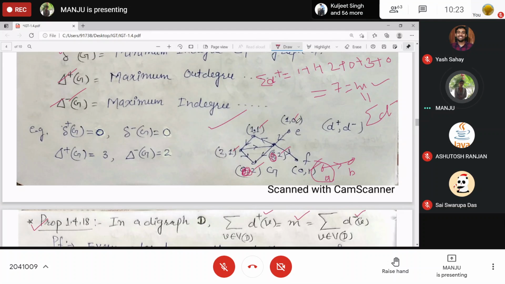Now in degree means look at the second place element in the ordered pair. Maximum is 2, minimum is 0. So maximum in degree is 2, maximum out degree is 3, and minimum for both out degree and in degree is 0.